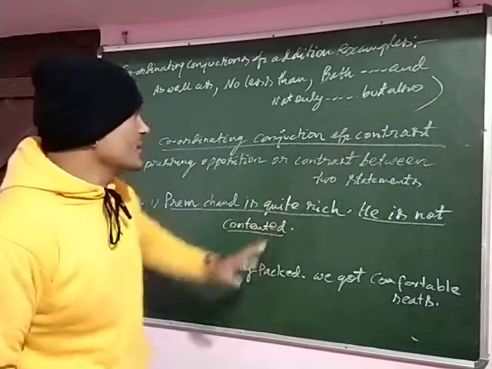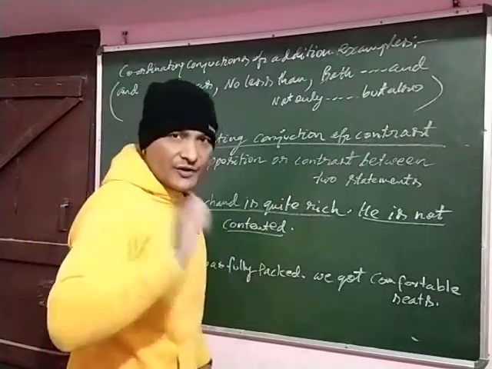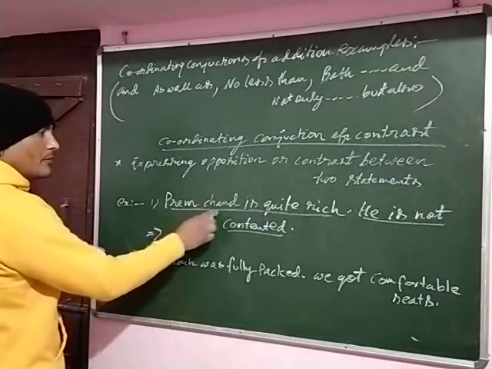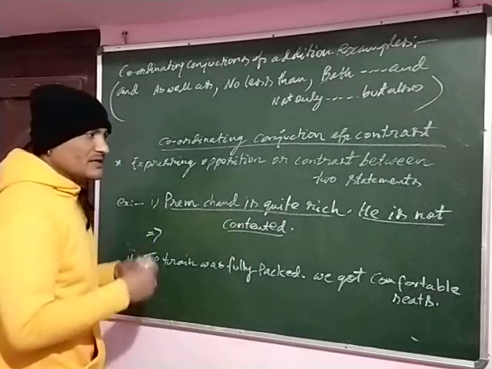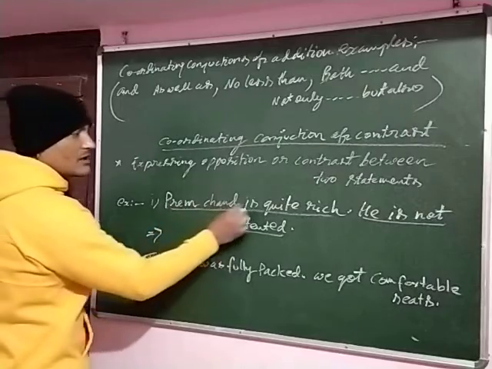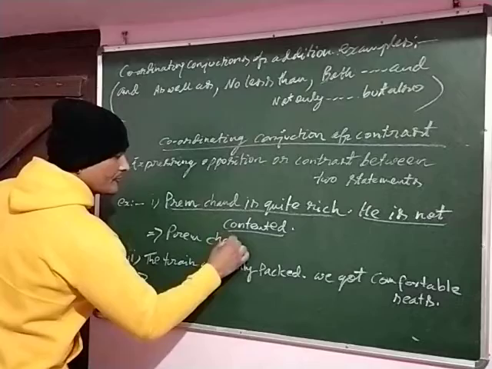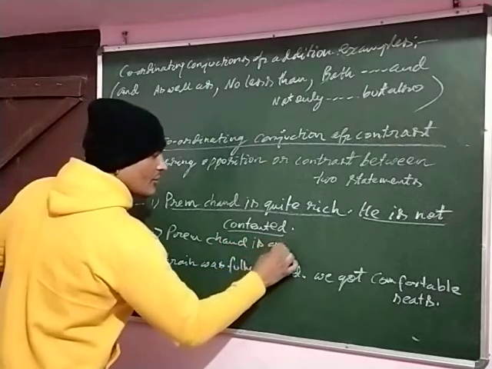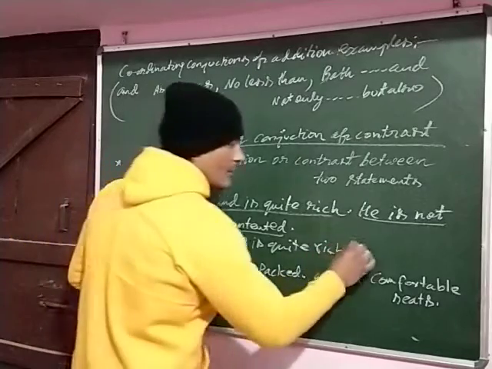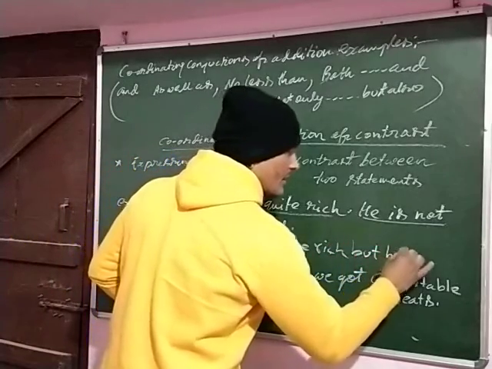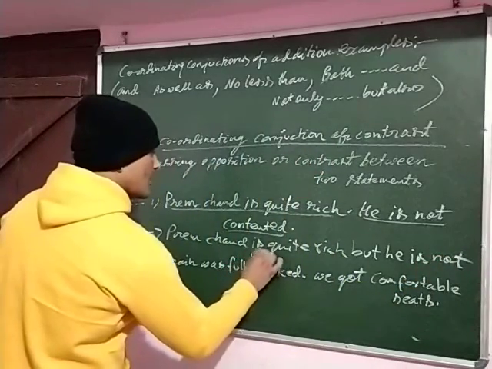So in these contrast statements we have to use a coordinating conjunction of contrast. How do we join these two different contrast statements? Prem Chand is quite rich, but he is not contented.